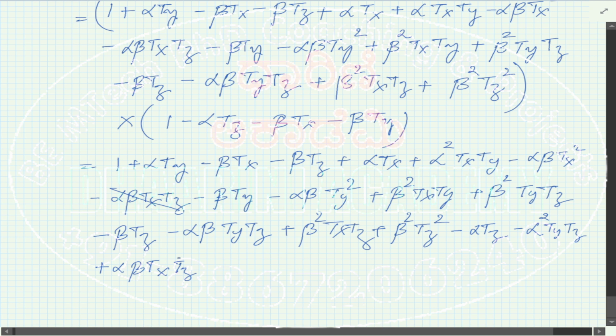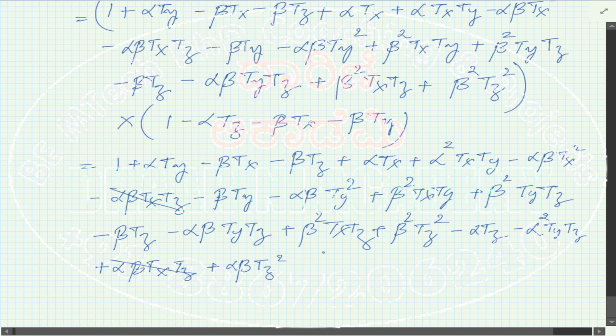Yes, minus alpha beta plus alpha beta, it will cancel. Then minus alpha Tz into this, I get plus alpha beta Tz square. Let me verify whether we have that term. Alpha beta Tz square is not there. It might come later, so we'll simplify.